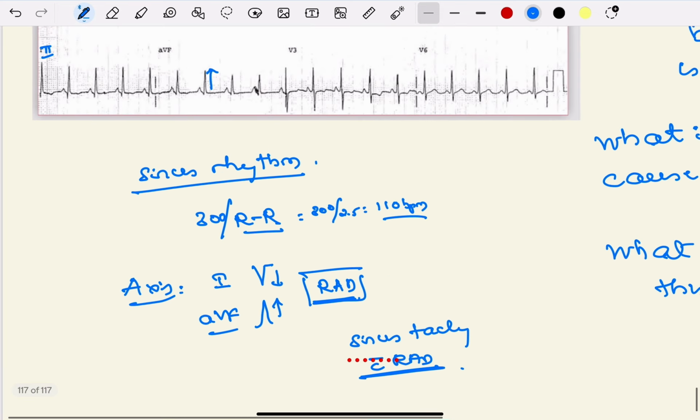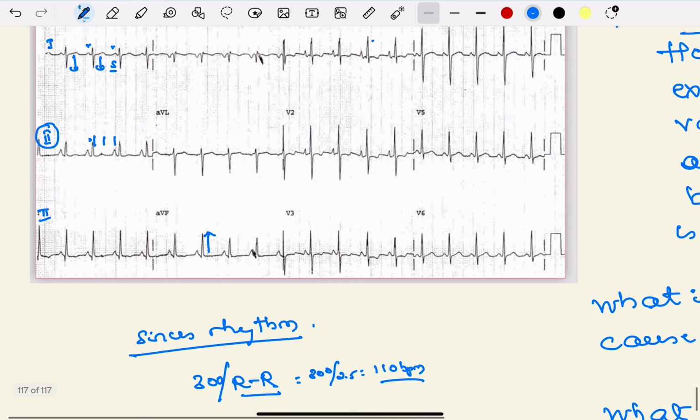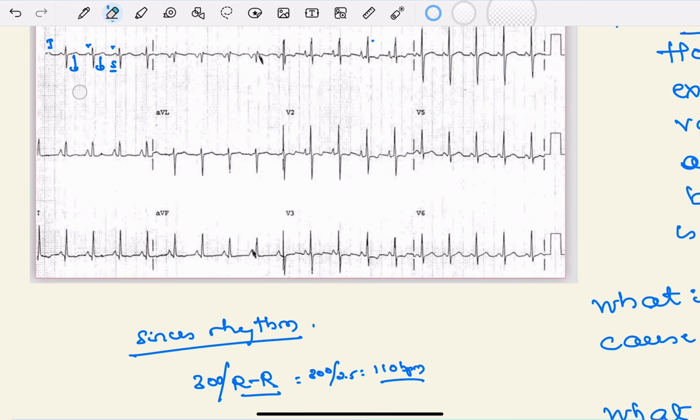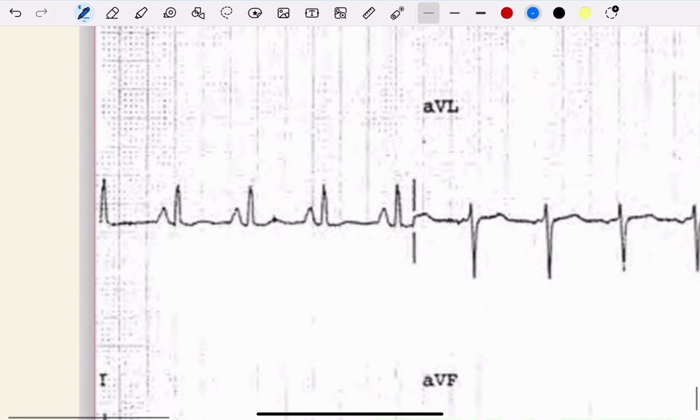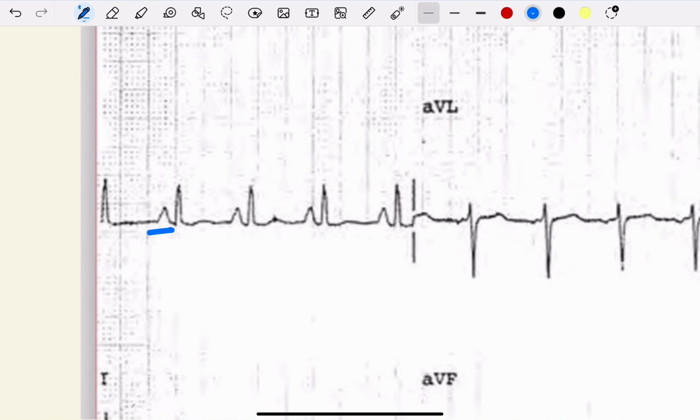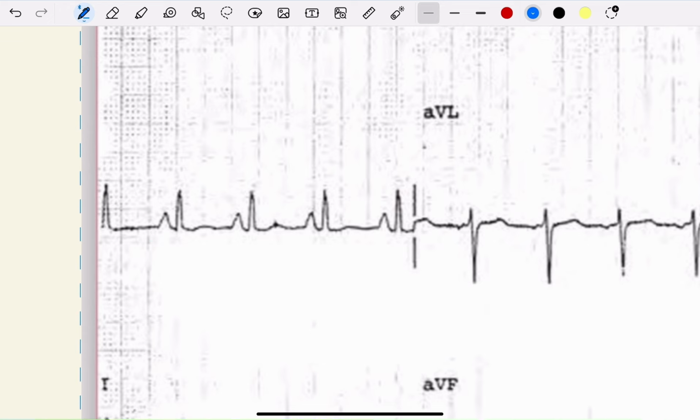Let us look at the waves now. The first wave is the P wave. Look at the morphology of the P wave. Almost touching one big box, that means it is almost reaching 5 mm in height. The width is almost the same, almost normal, 2.5 mm.